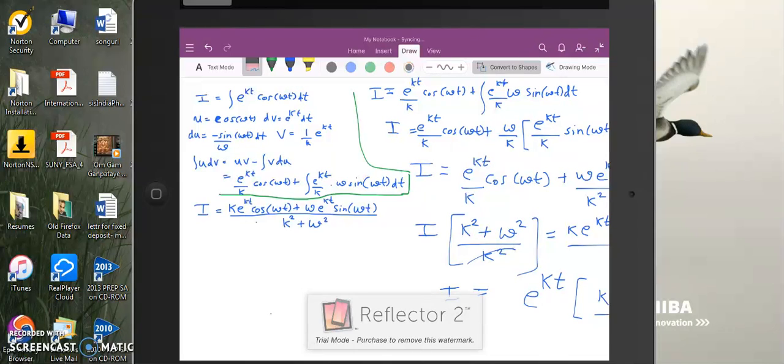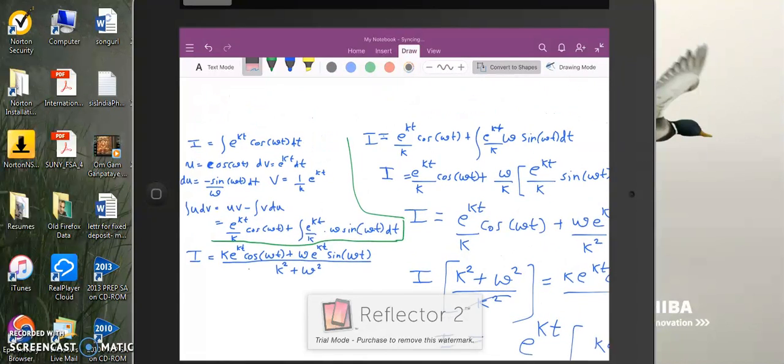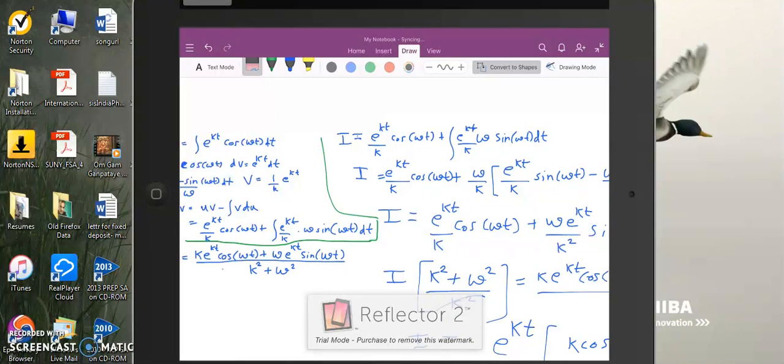Over here, I had a positive instead of a negative. This is because the negative over here and the negative from here cancel each other out. So the next step from here would have been I equals like this, which is basically what I have written over here.